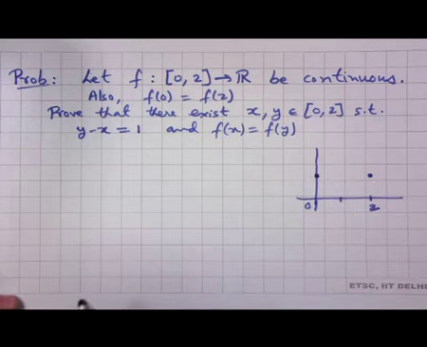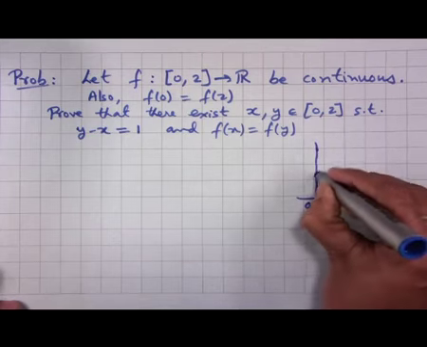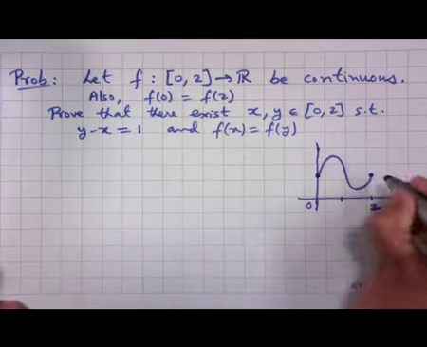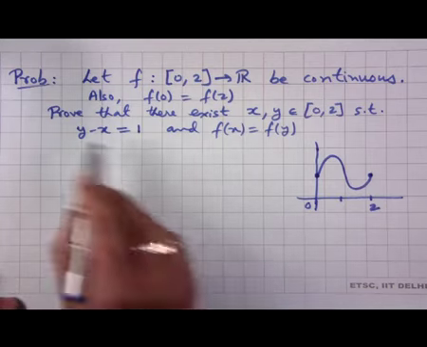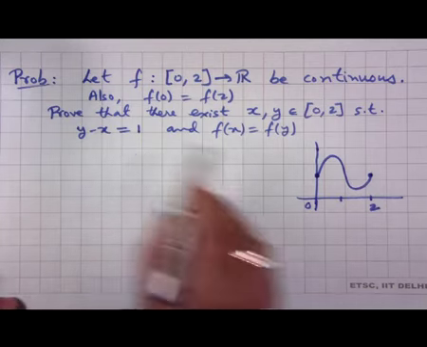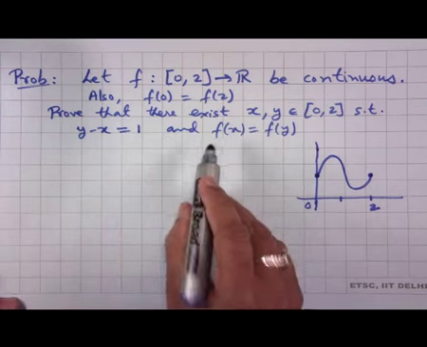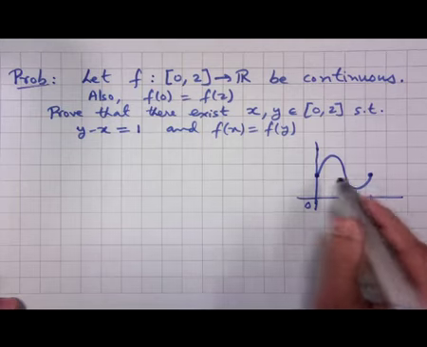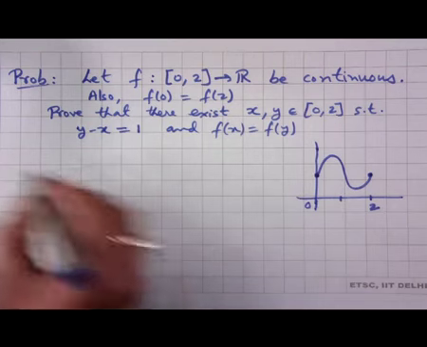This can be any function like this. We have to show that there are 2 points where the values f of x and f of y are same, and also that this x and y differ by 1.